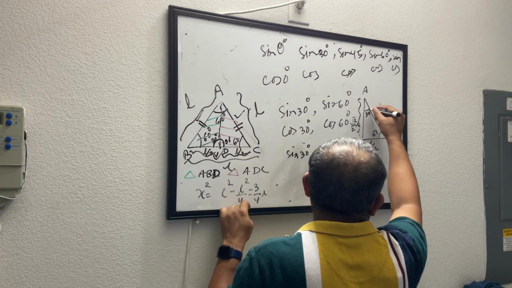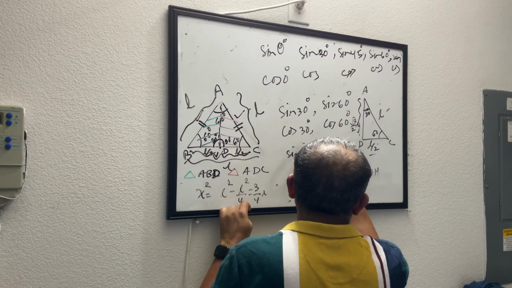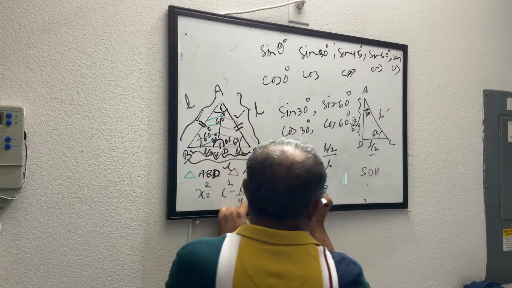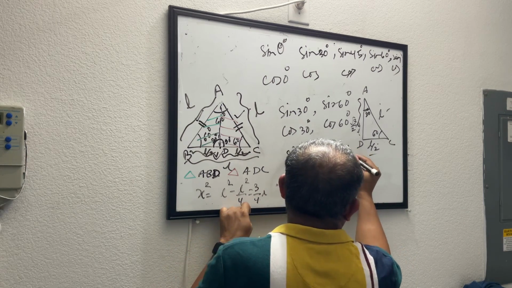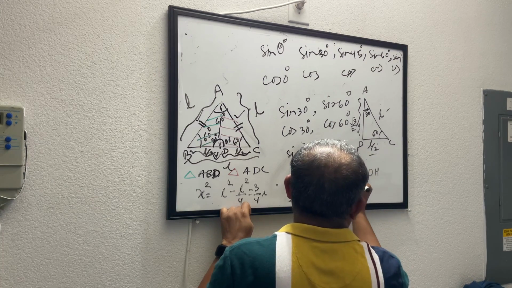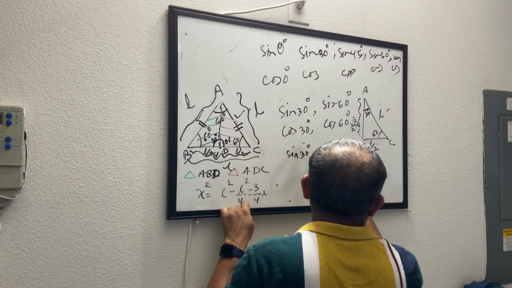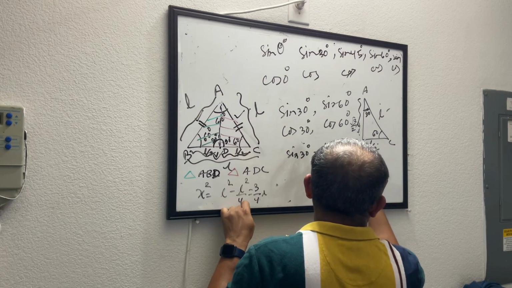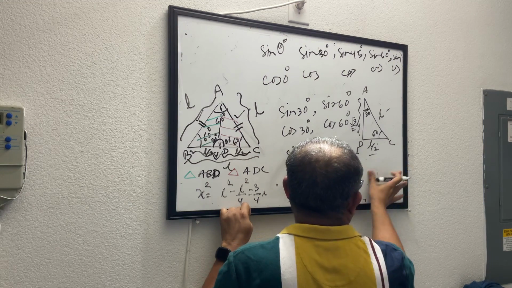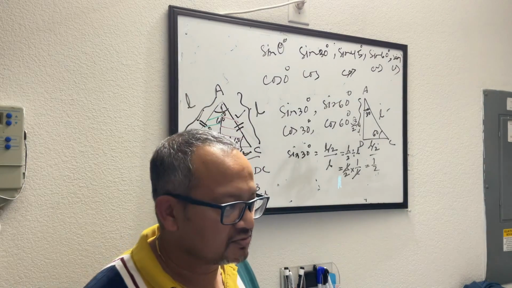In this is your angle, opposite side is L over 2 divided by hypotenuse L. So this becomes L by 2 divided by L, and that becomes L by 2 into 1 over L. L and L cancel, you are left with 1 by 2. Sine of 30 degrees is 1 by 2.